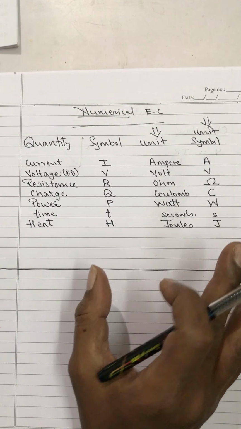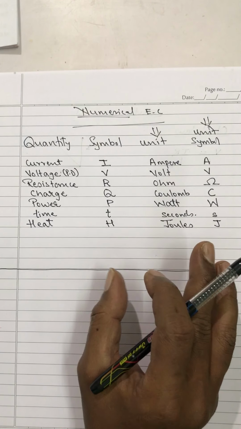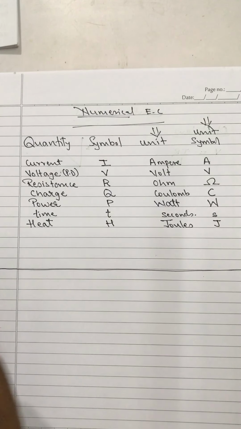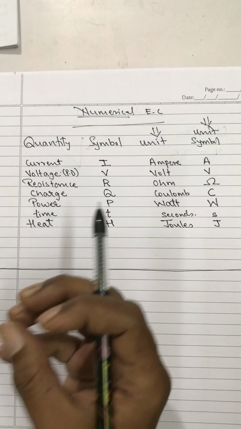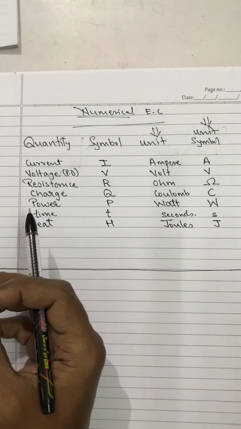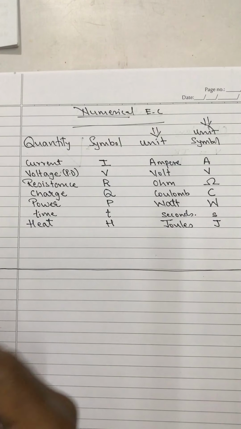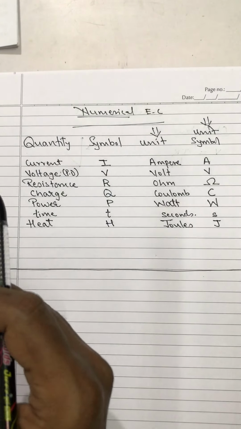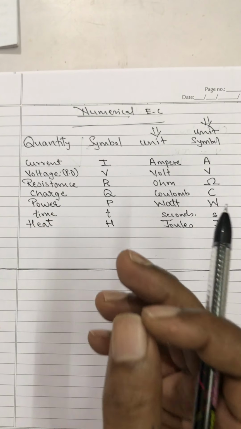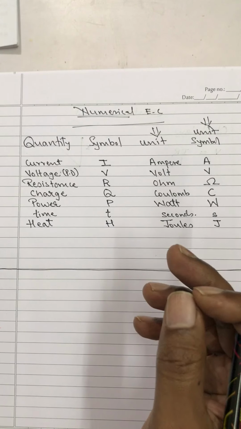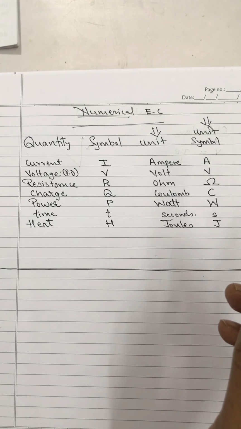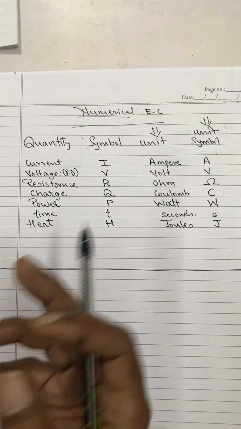In numericals, whatever confusion they may create while presenting the question, about which value or which magnitude is of which quantity. For example, if they are talking about the voltage in the wire having resistance 5 ohms and carrying current 5 ampere, 10 volts. Now here they may have jumbled this.